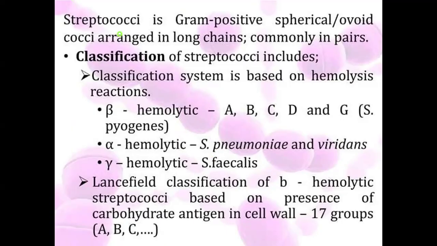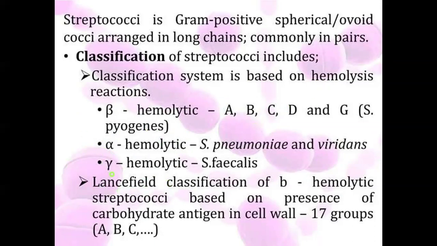So Streptococci are gram-positive spherical to ovoid cocci, arranged in long chains, commonly in pairs. So they'll be in pairs and then in chains. Classification of Streptococci is based on hemolysis: beta-hemolytic, alpha-hemolytic, gamma-hemolytic, as we had seen in that chart.